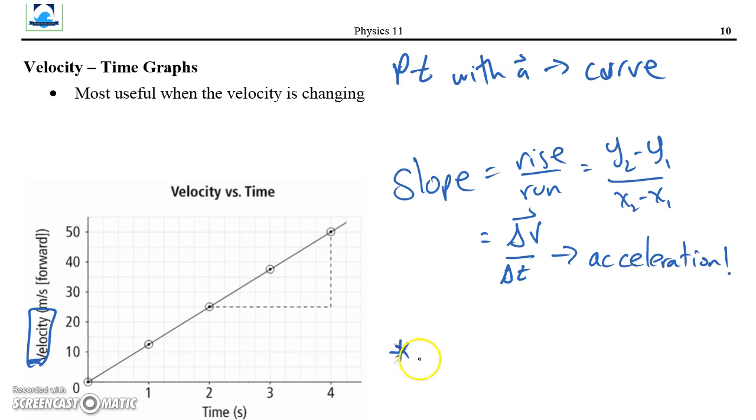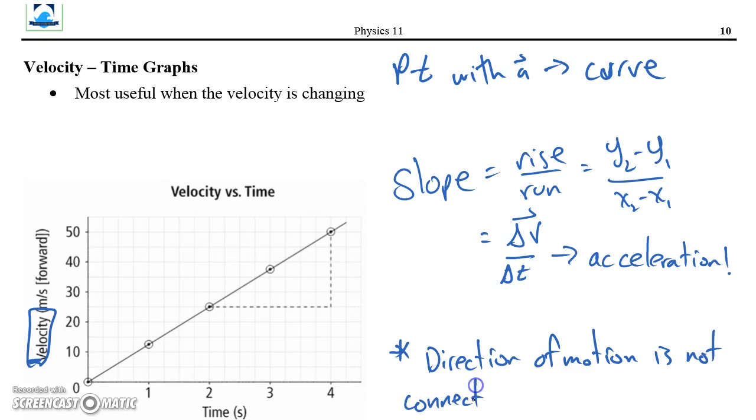So for a velocity time graph, direction of motion is not connected to the slope at all. If you want to know what direction something is going, look at the graph. It's telling you the velocity. So if the velocity is 20 meters per second forward, it's moving forward. So it always tells you.